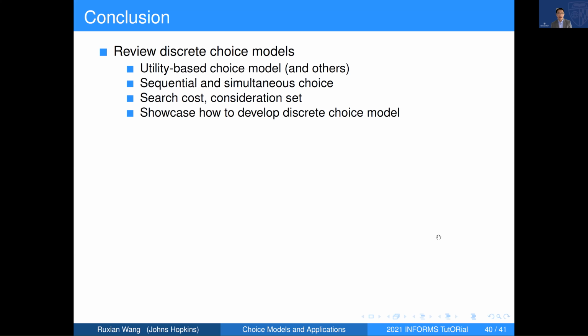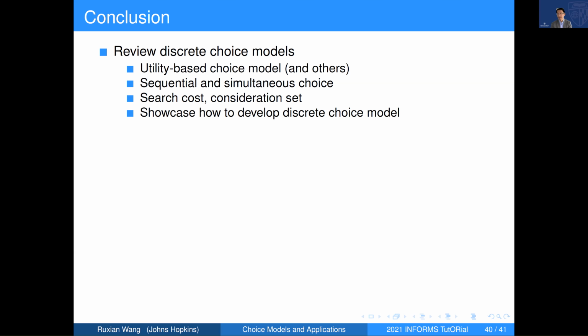All right, let me briefly summarize this tutorial presentation. We briefly reviewed discrete choice models. We talked a lot about utility-based choice models, and we considered sequential and simultaneous choice, and search cost can be part of the search and choice behavior. Consideration set plays a very important role in the search and choice model.